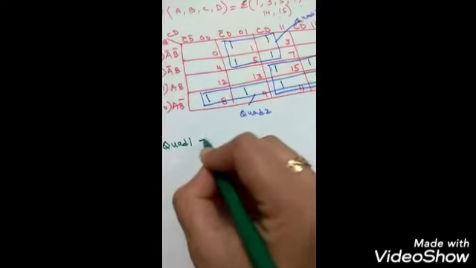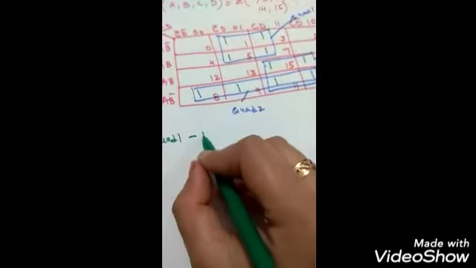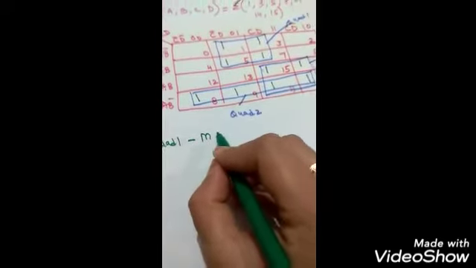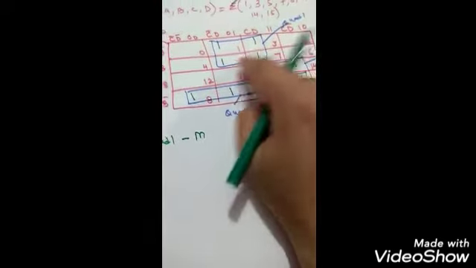quad 1. Since these are formed with the help of minterms, the minterms are M1, 3, 5 and 7.